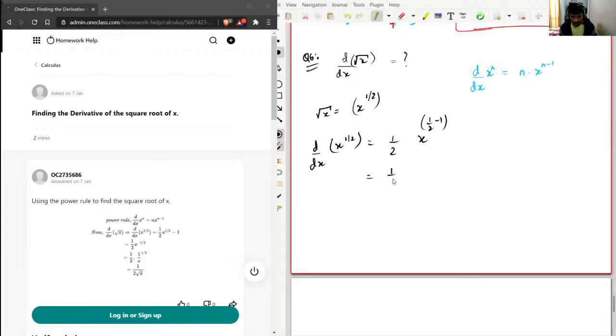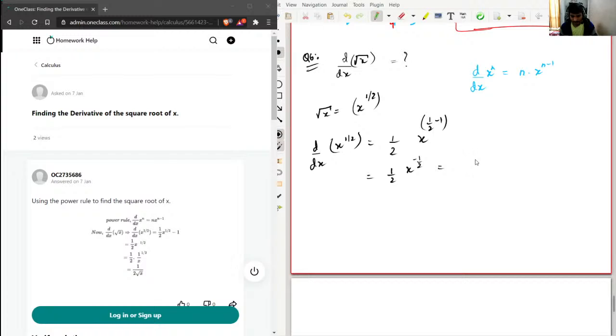So this will be 1 over 2 x power, when I take the LCM, this will be 2, and 1 minus 2 over 2 gives minus 1 by 2.